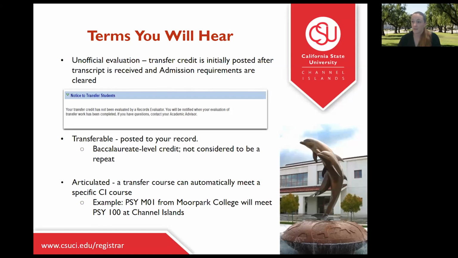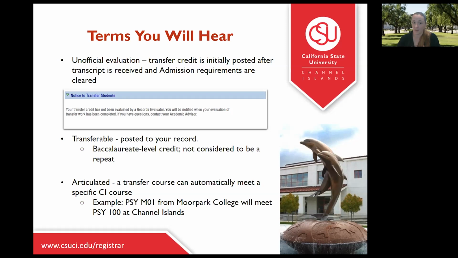Sometimes there can be confusion regarding a course not transferring over. As a student, you may expect certain credit for a course you took, but you don't see that reflected yet. That doesn't necessarily mean the course won't transfer.